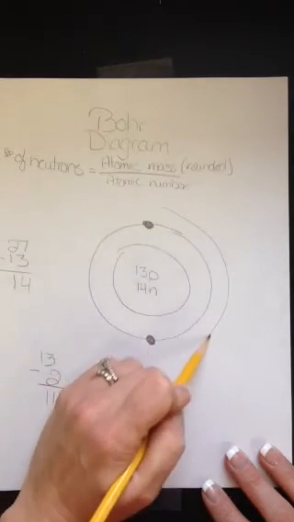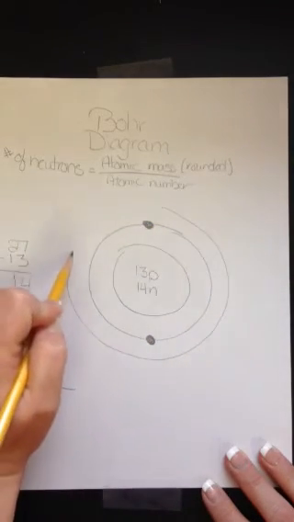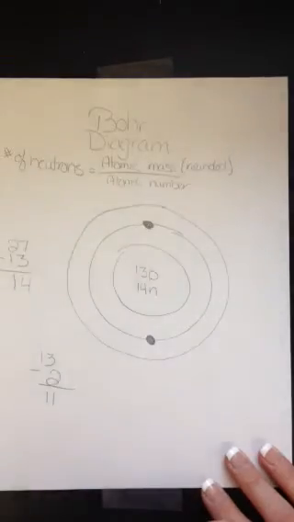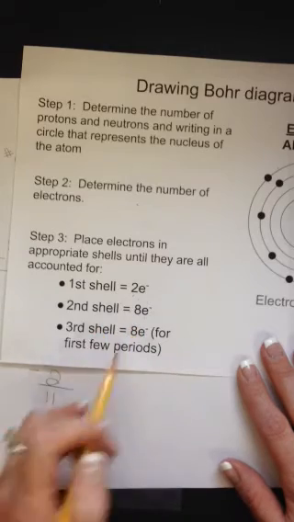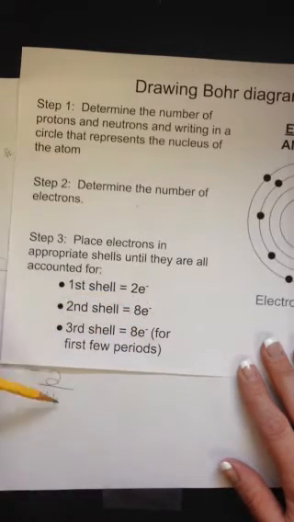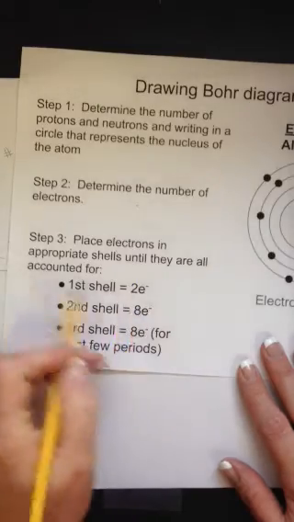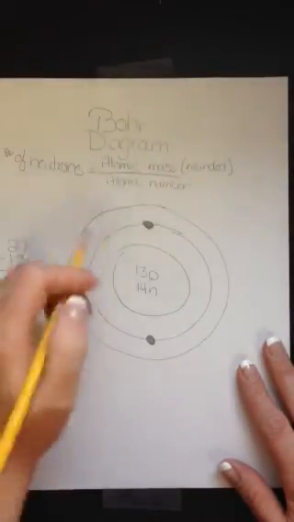So we're now going to draw the second shell. And remember, our second shell holds 8 electrons. So we've got 11, which is more than 8. So we know that we're going to fill that second shell with 8 electrons.